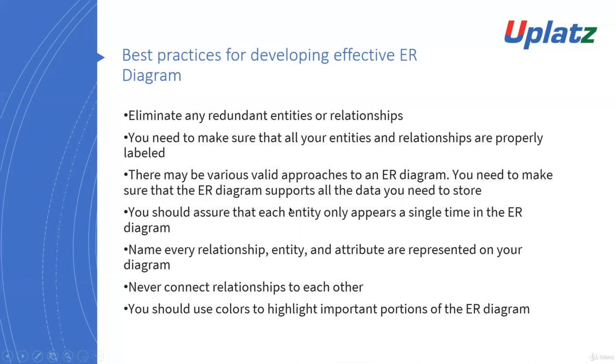This matches the very first point about eliminating redundant entities. It should never happen that a single entity is repeated more than once. If a single entity, for example customer details, is written twice in your database, that is definitely redundant data and is not required. Instead, a relation could have been built with the same table.